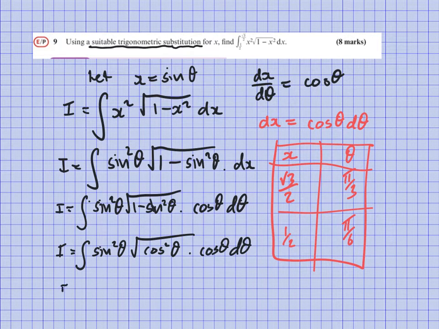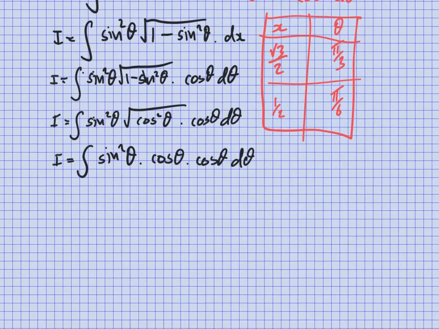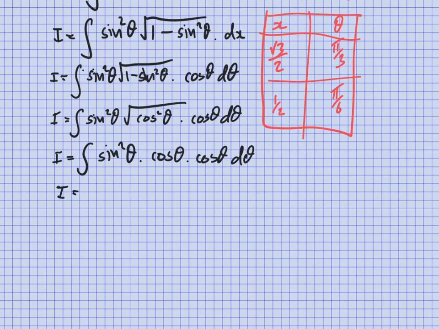That's obviously going to simplify to sine squared theta times cos theta, the square root of cos squared being cos, times cos theta d theta, which, going one more step, gives me sine squared theta times cos squared theta d theta. And as you'll notice, I haven't put the limits in. I can write them in now. It's going to be between pi by 3 and pi by 6.